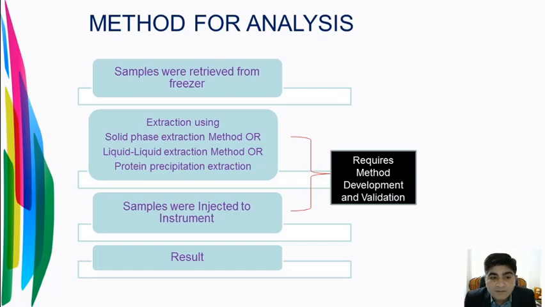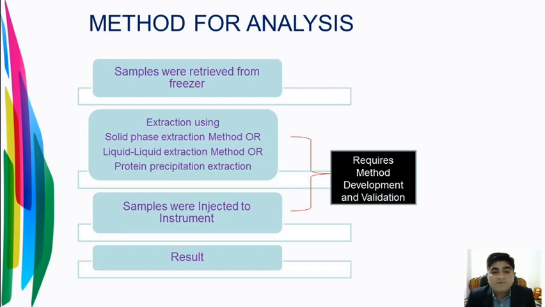If the protocol says the drug is in the plasma, it is in the plasma; if the drug is in the blood, it is in the blood. Whatever we have stored in the deep freezer, we can retrieve.